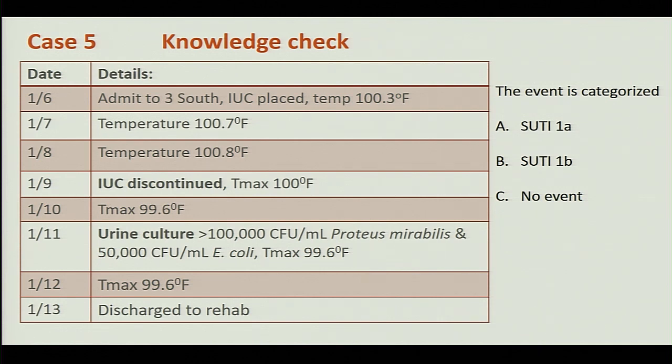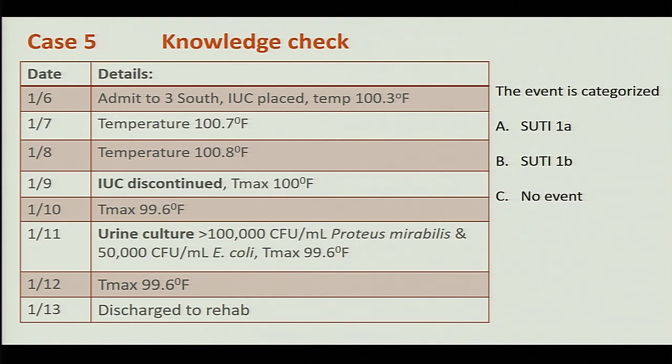Okay, this is your last one. We do have a knowledge check. We have a patient who was admitted with a catheter with a 100.3 temp, temperature of 100.7 on the 7th of January. On 1/8, we have 100.8. The Foley was discontinued. We have a temp 99.6 on the 10th.